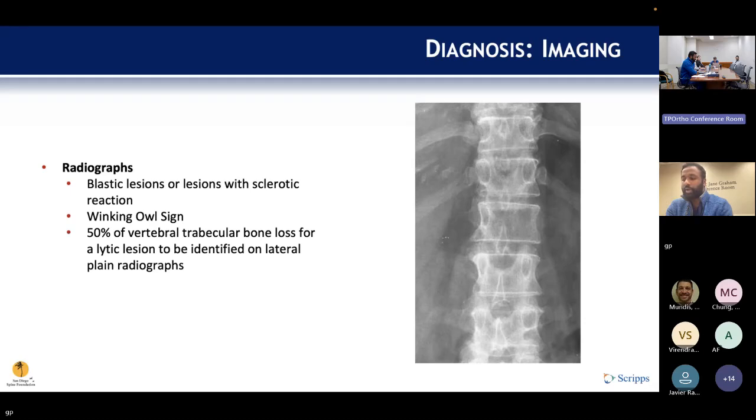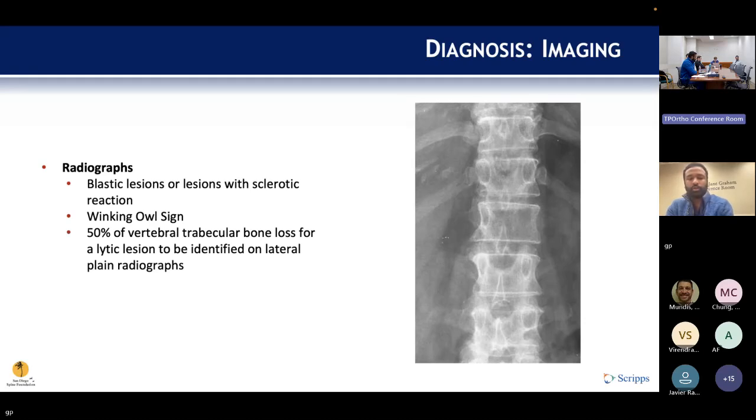So those should be higher on your list should you see a blastic lesion. Importantly, up to 40% of these lesions will not actually be visible on plain radiographs. One important sign you can sometimes see is the winking owl sign, which you see on the right here. It's effectively a loss of the pedicle due to bony invasion and destruction.